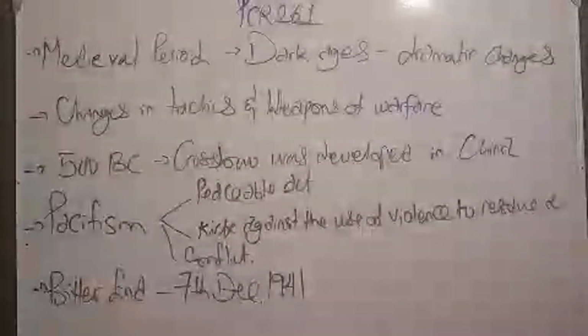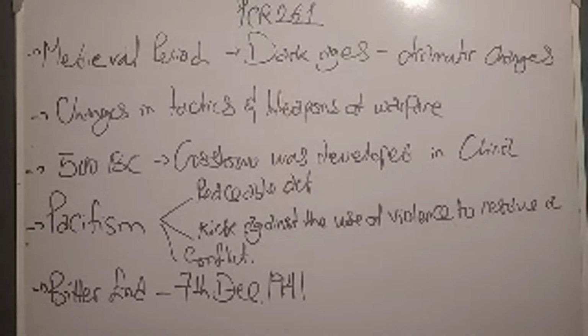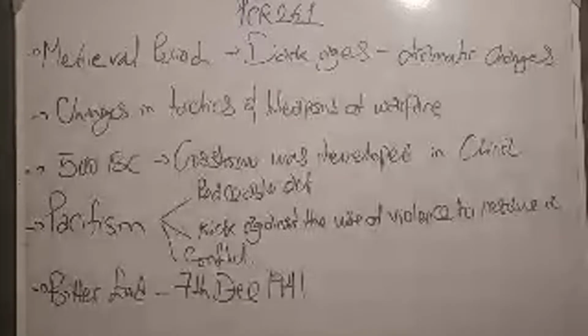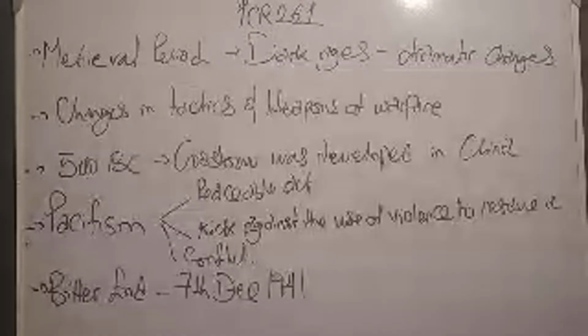Well, the Japanese government launched an airstrike, and that's not the word actually. The word is air raid on Pearl Harbor, where it was recorded that there were several American casualties and huge material losses.